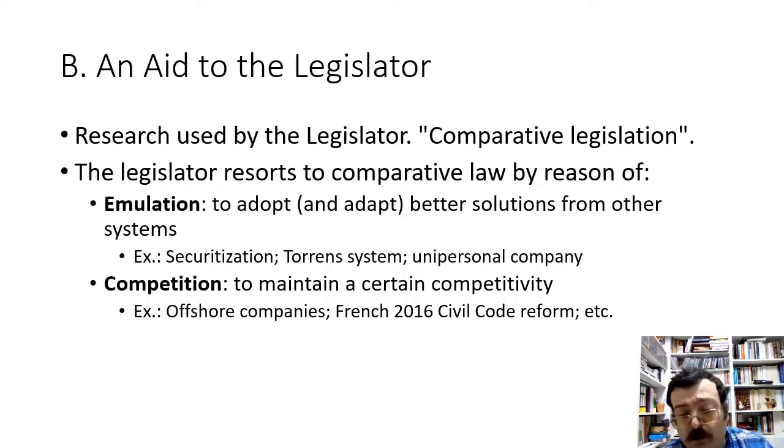The unipersonal company also was grafted into Lebanese law from French law. The unipersonal limited liability company, la société unipersonnelle à responsabilité limitée, in order to improve entrepreneurship in Lebanon. There's also the law about securitization, titrisation, تسنيد الموجودات.